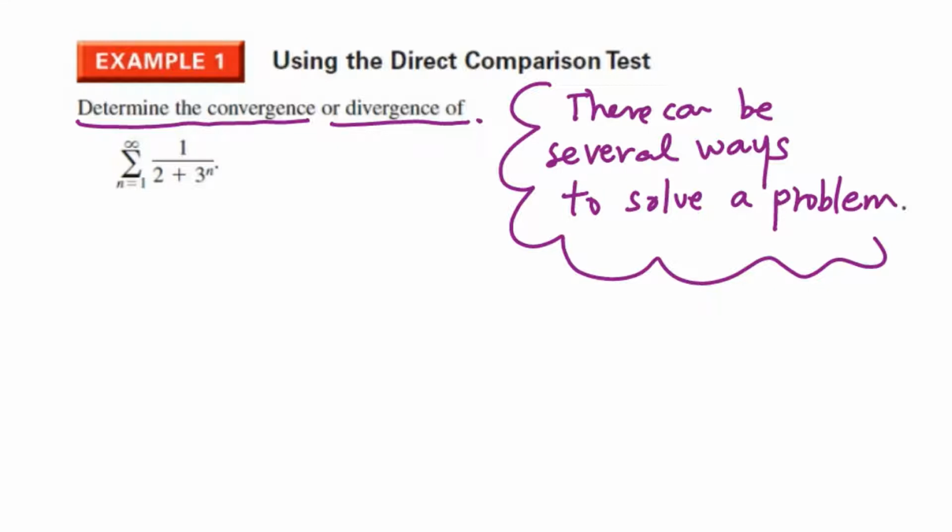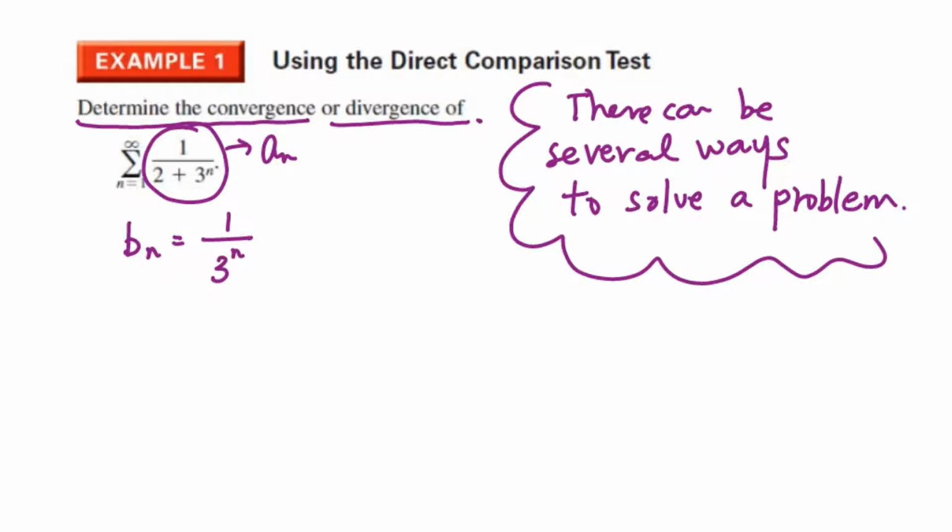We are going to use the direct comparison test, and let's find b_n. Let's say this is a_n, and b_n is greater than a_n, so I'm going to have b_n as 1 over 3 to the nth power.